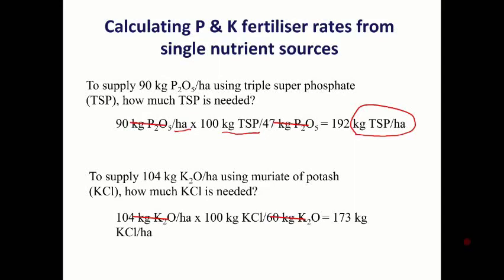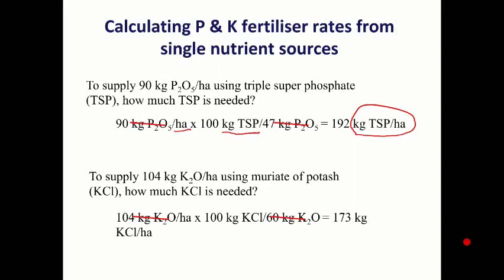I guess a good way to double check that you've done things the right way around, that you've multiplied rather than divided, or vice versa, is that the number of kilograms of fertilizer per hectare should be more than the nutrient need per hectare, because none of our fertilizers are pure nutrient. They're always diluted with some other stuff. So you're going to need more fertilizer than the nutrient need.